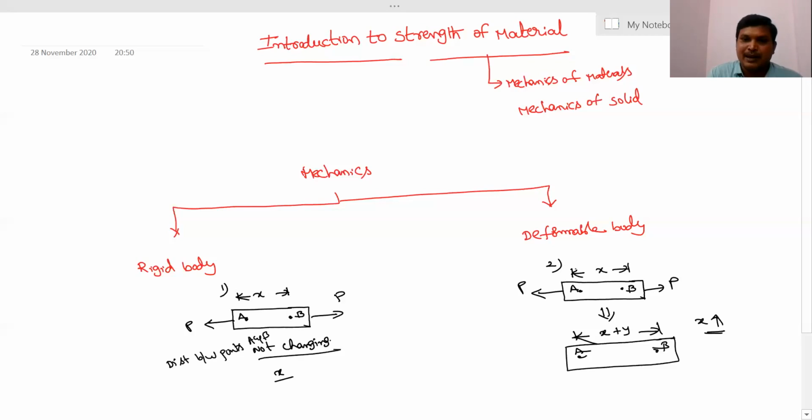If the distance between A and B changes when you apply the tensile force, X will increase. If you apply a compressive force, X will definitely decrease. Whether you apply tensile or compressive force, the distance between A and B changes. That is called deformable, meaning the body is deformed. That is under deformable body mechanics.